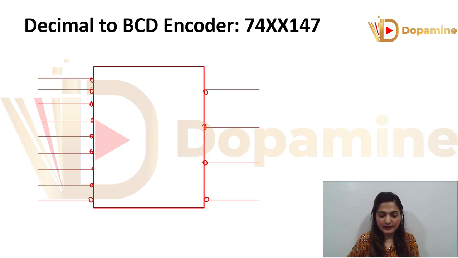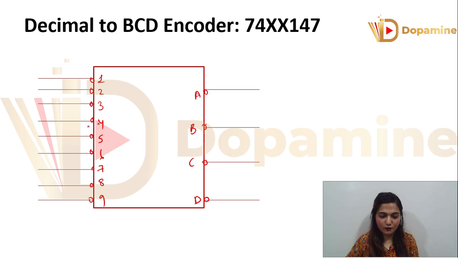So basically in this encoder we have the 9 inputs, 1 2 3 4 5 6 7 8 9, right? Then we have the 4 outputs A, B, C, D. Now we have the different pins.